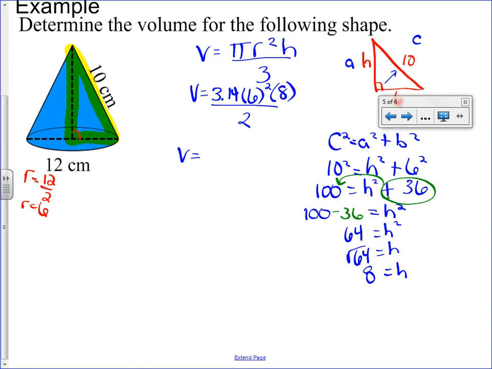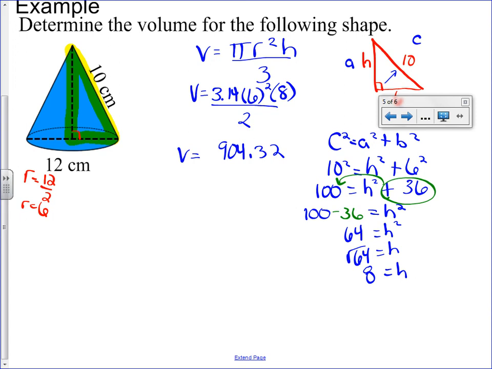Pardon? Good. 904.32. I want everyone to type that into their calculators and tell me if you get that. 904.32. How many of you were able to get that exact answer?